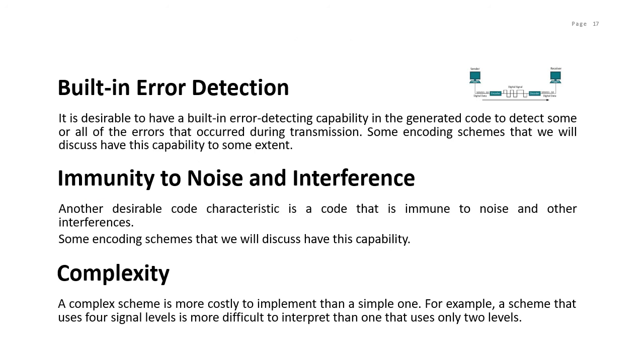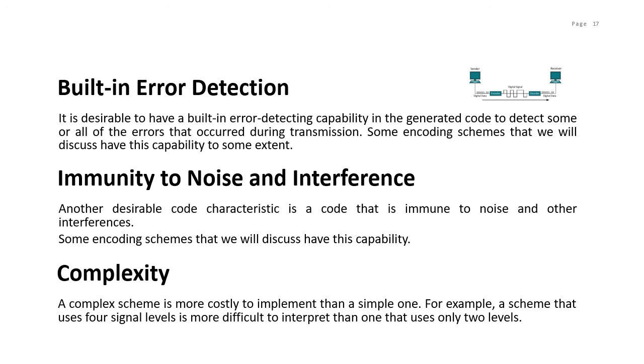The other three characteristics are built-in error detection, immunity to noise and interference, and complexity. It is always desirable to have built-in error detecting capability, to generate code to detect some or all of the errors that occur during transmission, and some encoding schemes have this capability to some extent.